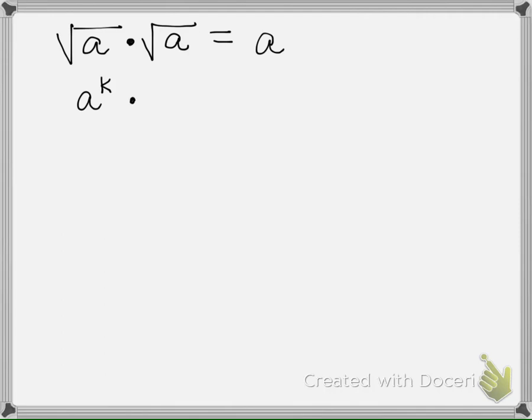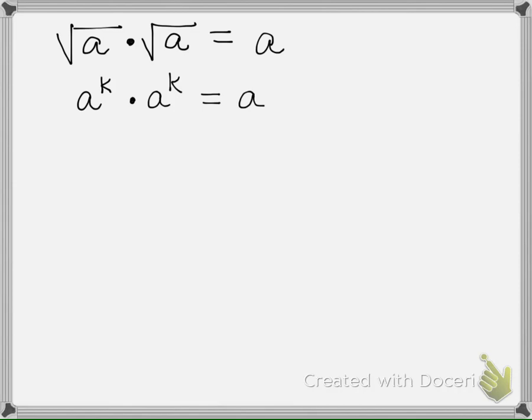Now I'm saying I'm going to multiply a to the k power times another a to the k power, and we have already agreed that that equals the letter a. So let's use what we know about exponent rules. If I'm multiplying with the same base, a, what do I do with the exponents when the bases are the same?